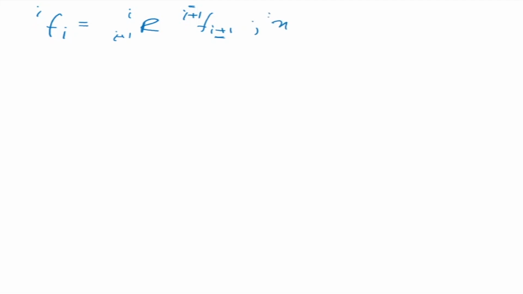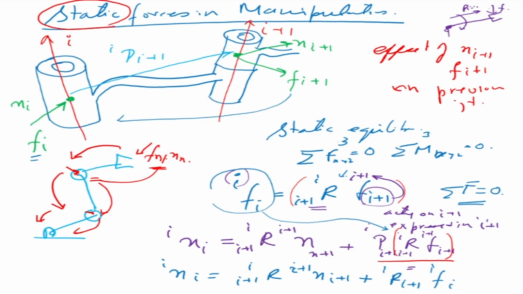And the moment n_i^i acting on the ith frame, expressed in the ith frame, is equal to the rotation matrix R_{i+1}^i times n_{i+1}^{i+1}, the moment acting on the (i+1)th frame expressed in the (i+1)th frame, plus p_{i+1}^i cross f_i^i.